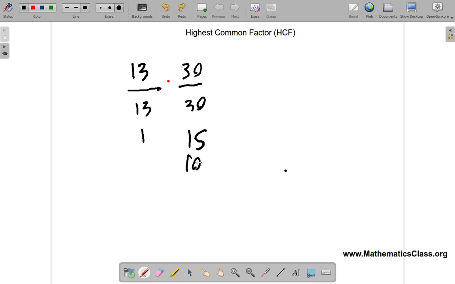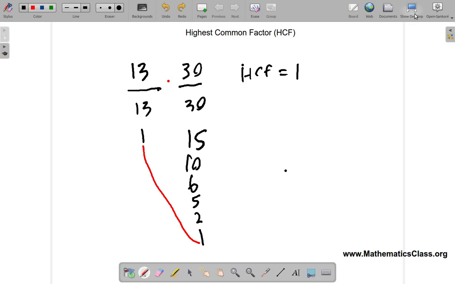Yeah, 6 can go into 30 without leaving a remainder. And you have 5. And you have 2 and then 1. Okay. Now, which is the highest? Of course, as you see, it is 1. So the highest common factor between 13 and 30 is 1. Okay, so 1 is the HCF.